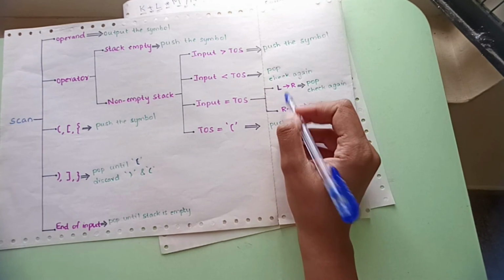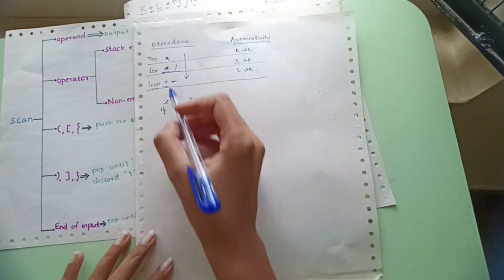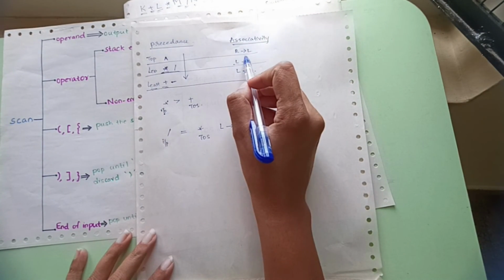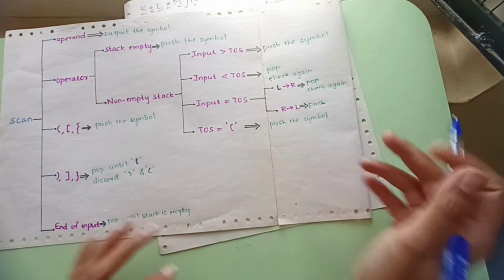So we have to check the associativity. What is the associativity of exponential? It is right to left. So we have to follow this rule, right to left, which is push.